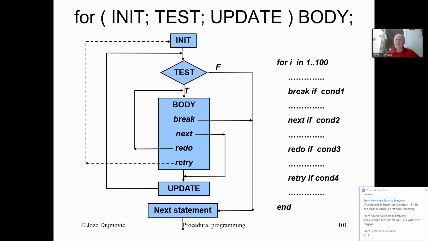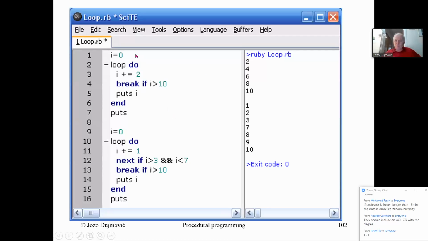So this is the most advanced and the most elaborate form of for loop. And this you have in Ruby, for example. You have here loop and then do and end.